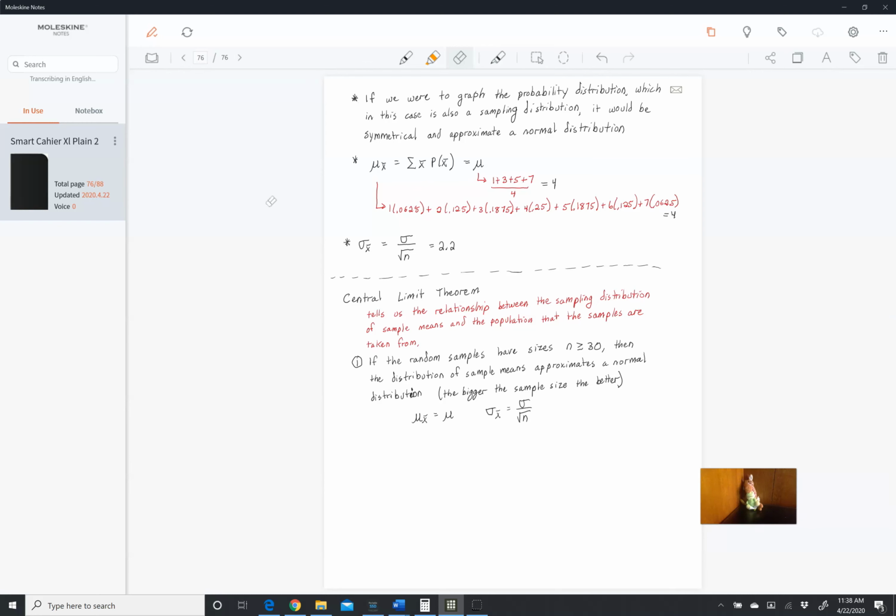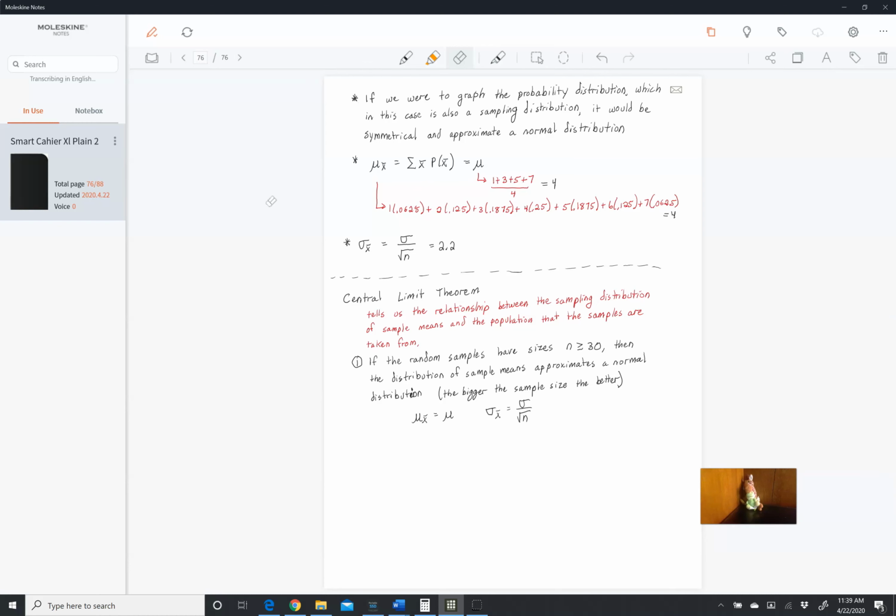So what we're saying is if we're taking samples that have a sample size of greater than or equal to 30 people, then we can use all of the information that we know about normal distributions that we've talked about in the last 3 lectures. We can use all of that to help us do any sort of calculation, any sort of probability. We can use the fact that it's a normal distribution. Okay, that's the first thing.